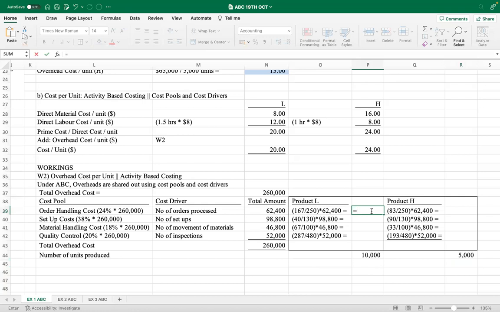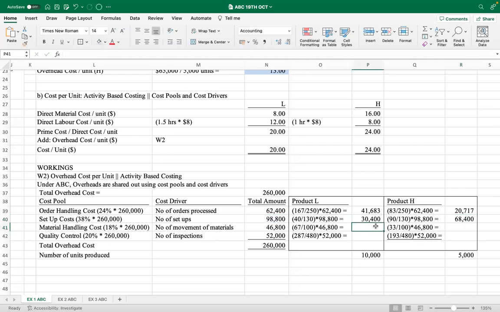So here we have 167 divided by 250 times 62, and on this other side 83 divided by 250 times 62. The next one you also do the same: 40 over 130 times 98, and 90 over 130 times 98.